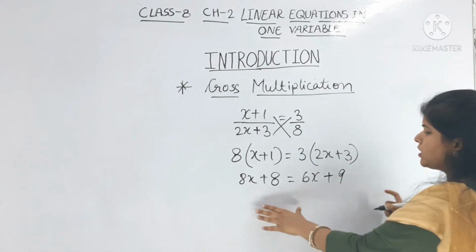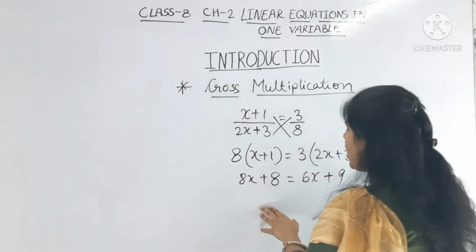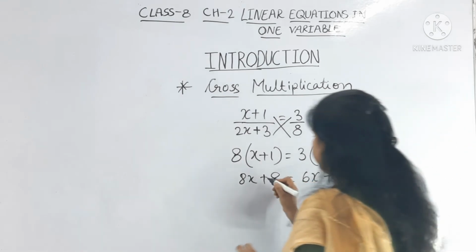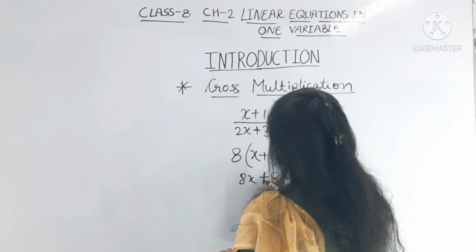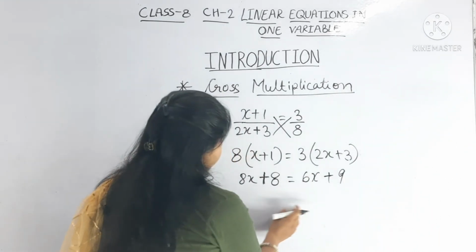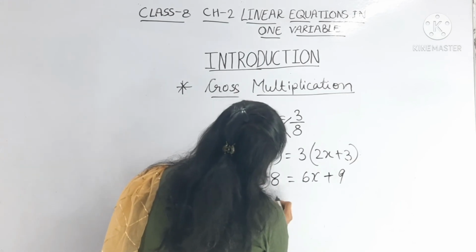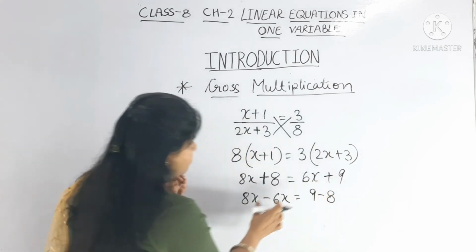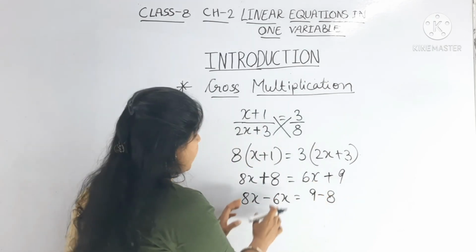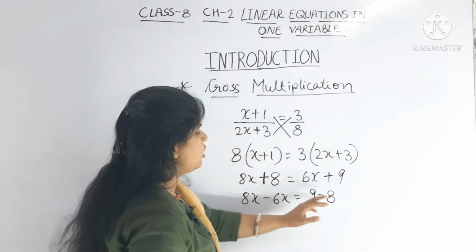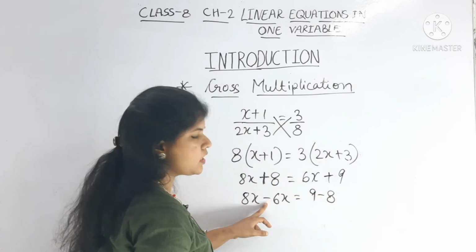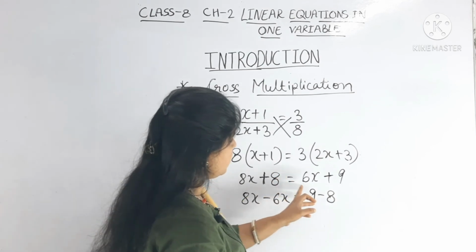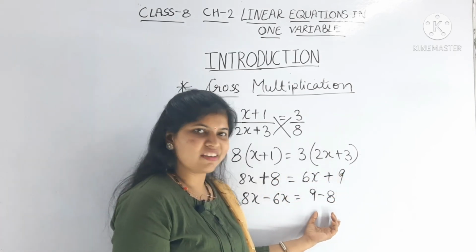Now you have to keep x terms on one side and the constants on the other side. So here is a plus sign, so after transposing I am getting minus, and here also it is a plus sign, so after transposing I am getting a minus sign.